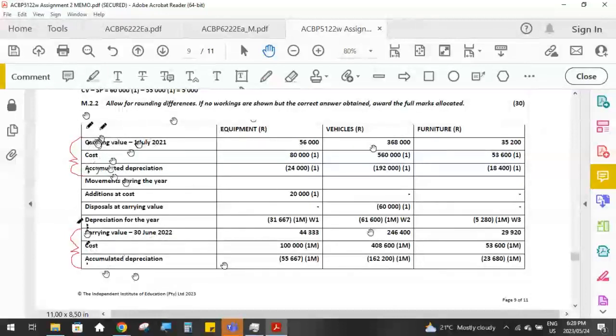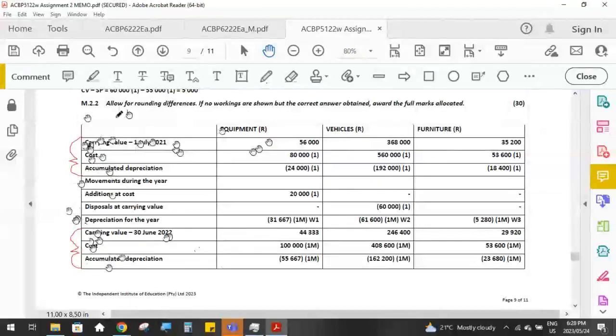Okay, so this is your opening balances, giving us the carrying value of our assets. This in between are all the movements that took place in our values for our various assets, and then that will give us our closing balances for our assets.